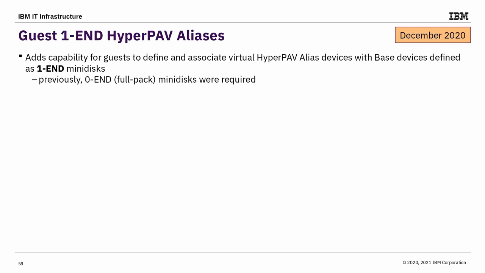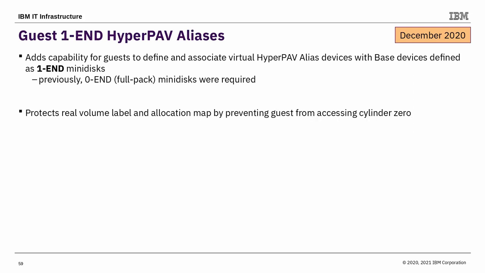And up until now, you can give HyperPAV aliases to a HyperPAV exploiting guest, but it's had to be a full pack one. And as always, that means that the guest can fiddle around with cylinder 0 and the label by mistake or in theory maliciously. Now you can do it on one to end so that VM is looking after the real volume label.